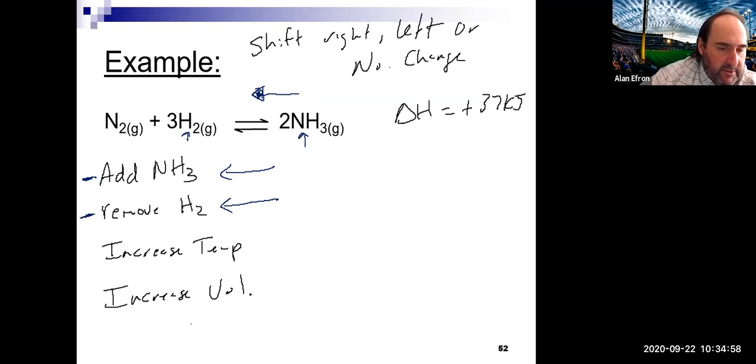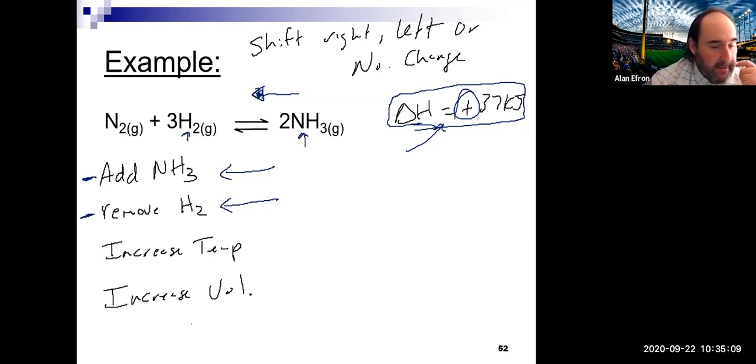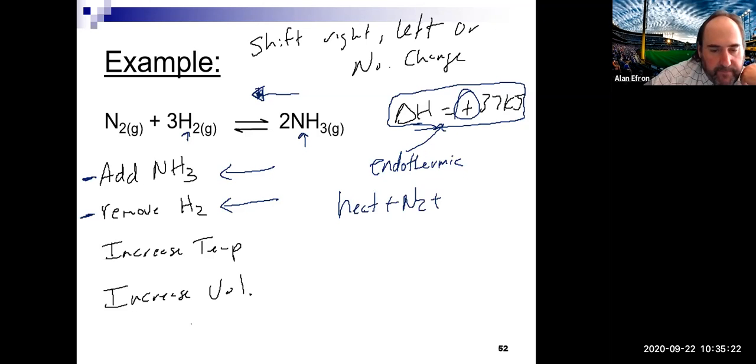Increasing the temperature. In this case, look at our delta H value, which I made up. What we really want to look at is the sign of it. And we see that the sign is positive. So that implies that this is an endothermic reaction. And that means if we put the heat and energy into the equation, heat would be a reactant in this case.